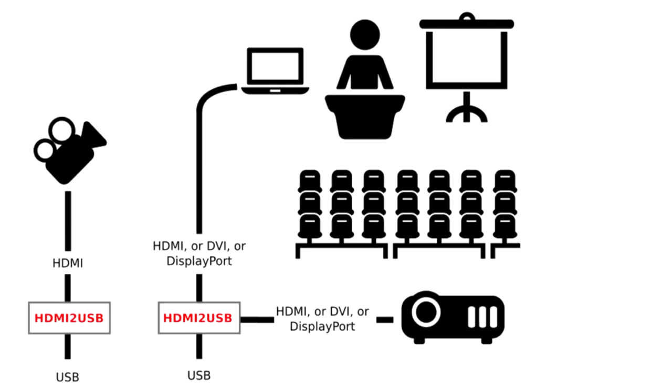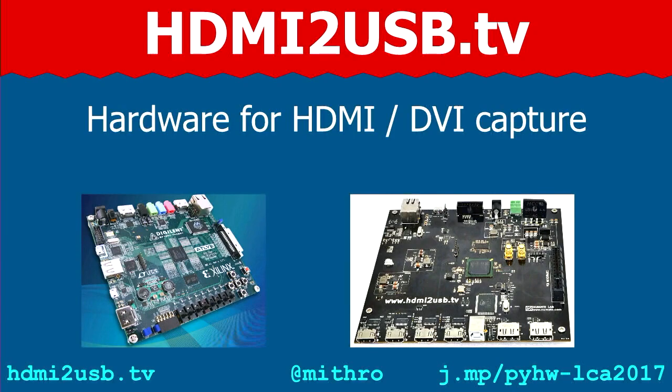But there are two pieces of things that might not be Python, and that's these two things here called the HDMI to USB. Their job is basically to capture HDMI and DVI video sources to give you a nice, clean, crisp feed of what is going up on the projector.